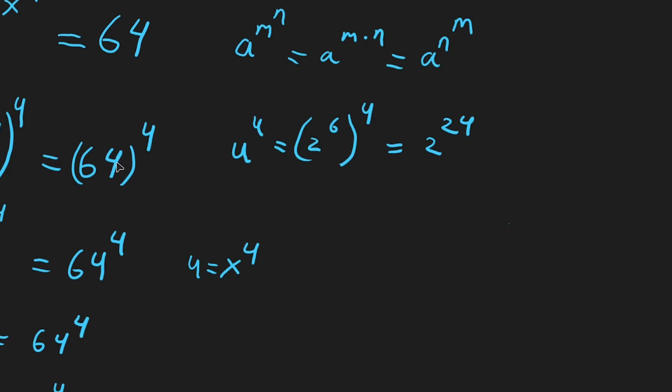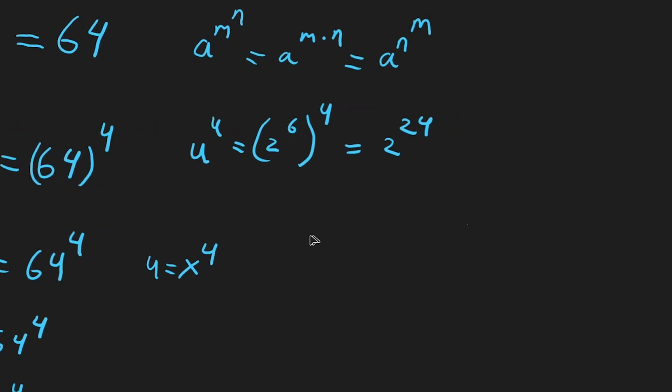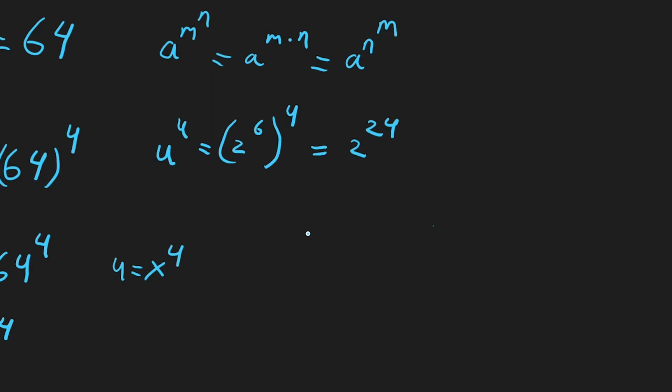Now we can write this like 2 to the power 1, to the 24th, and we need to make this number the same as this number, and we will use this rule.